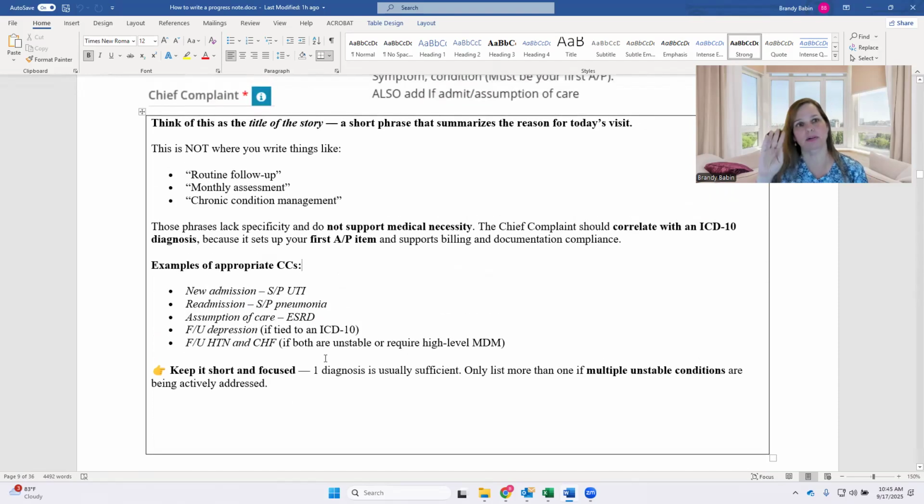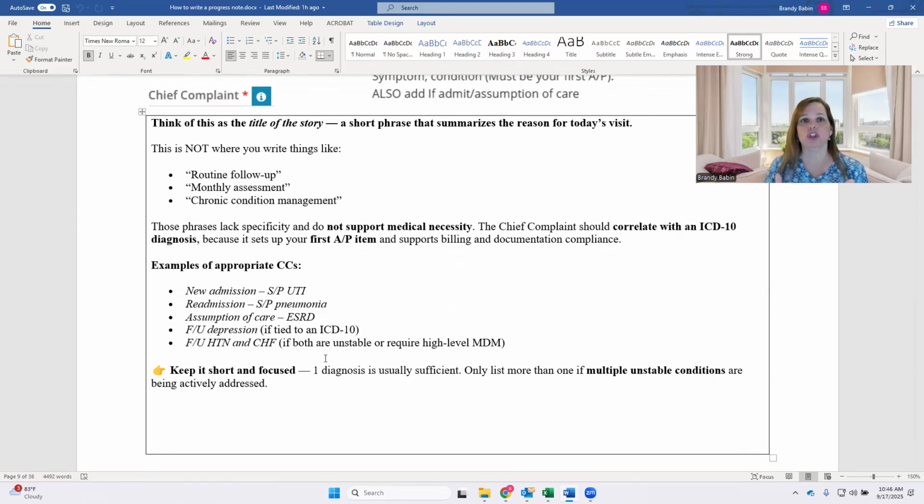So a lot of people, if you look on the internet, they're saying you're going to utilize the chief complaint as the patient's statement. So in quotes, you could put complaining of abdominal pain for 3 days with nausea and vomiting.